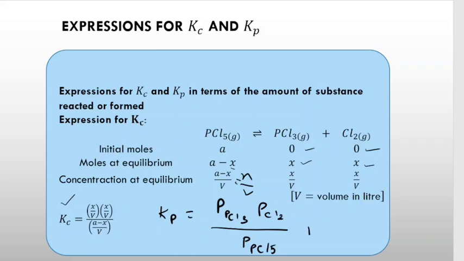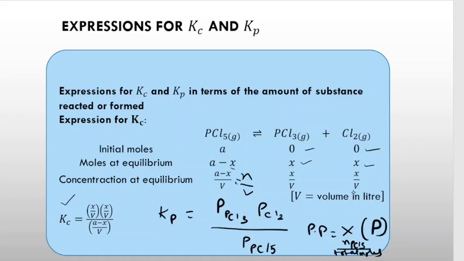Always, we get partial pressure by multiplying the mole fraction with the total pressure, or equilibrium pressure. How to calculate the mole fraction? Mole fraction of PCl3 is the number of moles of PCl3 divided by total moles.